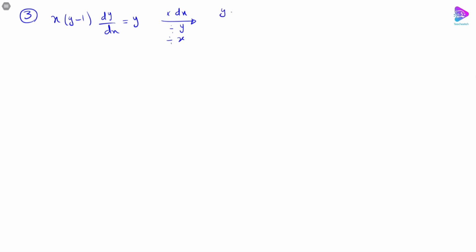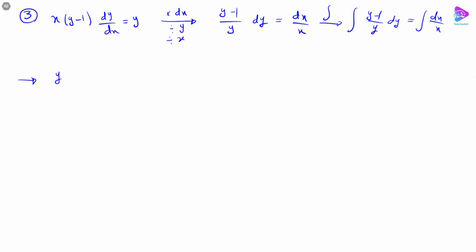After rearranging, I'm going to get (y minus 1) over y dy is equal to dx over x. So again, this is simply integrable. And therefore y is going to be ln xy plus c.